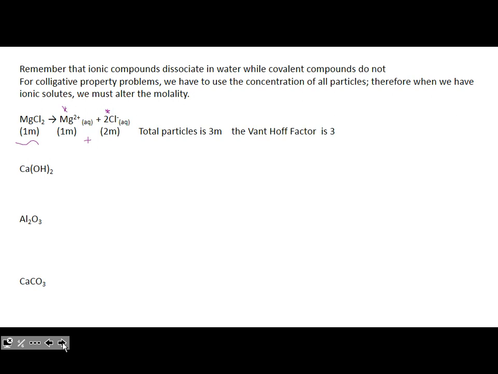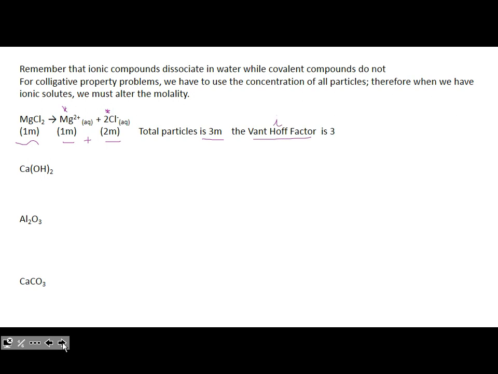So we cannot say that the molality of a magnesium chloride solution is 1 molal. We have to consider the fact that it dissociates. So we end up with particles. The total number of particles in the solution is 1 molal plus 2 molal, which gives us a 3 molal solution. This is what we call the Van't Hoff factor.